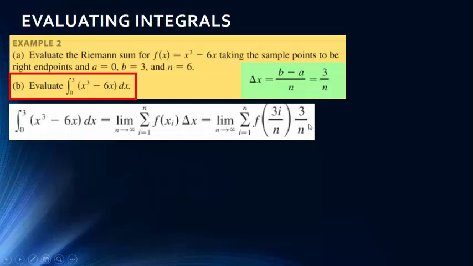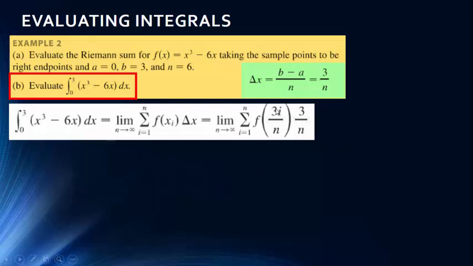Now remember, the value of x is simply our starting point plus the delta x times i. So it's our starting point, in this case 0. So this is finding our first value of x. 0 plus 3 over n would give us our first delta x, and then plugging an i in there will give us each one in order, from i equals 1 to n.